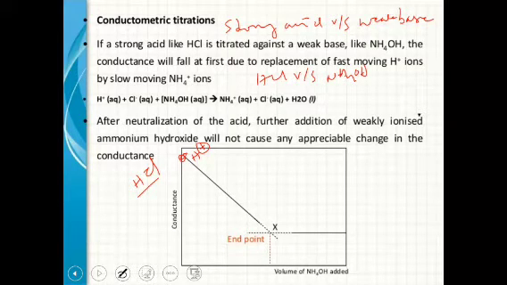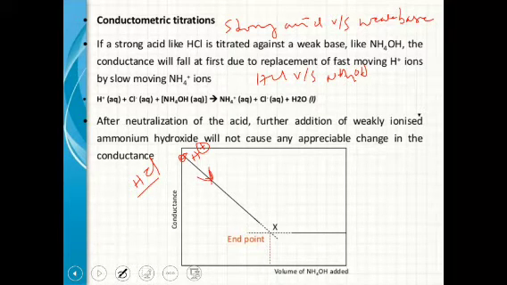All the highly mobile H plus ions are replaced by the low mobility ammonium ions. So there is a gradual decrease in the conductance values here.